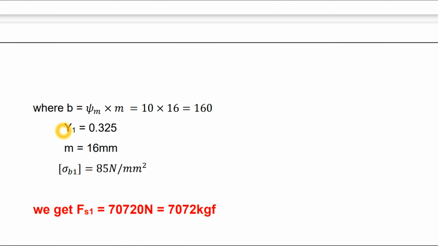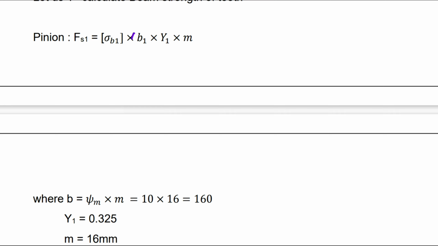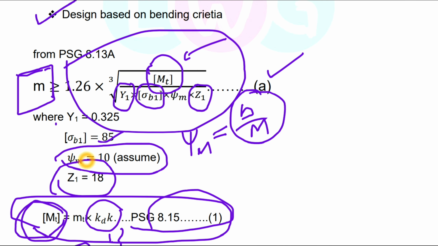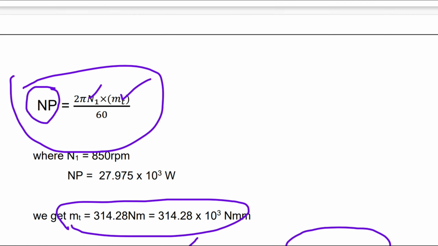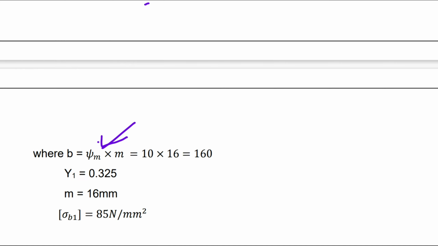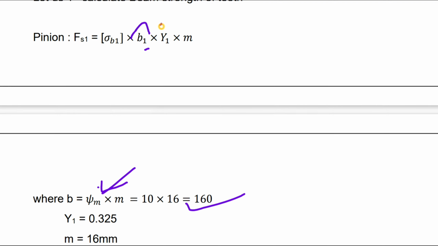To find b there is a formula: psi m into m. Psi m we have assumed, psi m is equal to 10, as I told you to assume, and module m we got is 16, so 10 into 16, so we get b is equal to 160 mm.